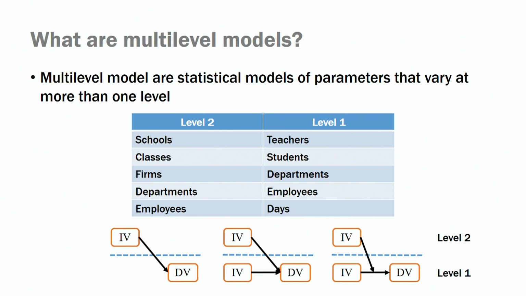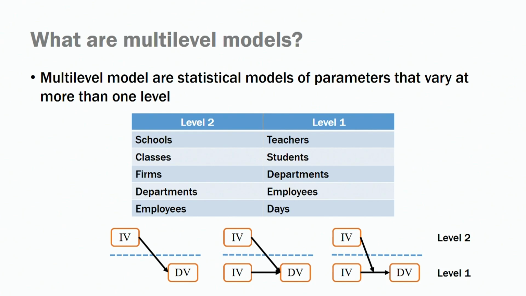So remember, in multi-level analysis, the parameters vary at multiple levels. We have students nested in schools, or employees nested in leaders, leaders nested in departments, or observational days nested in the individual.